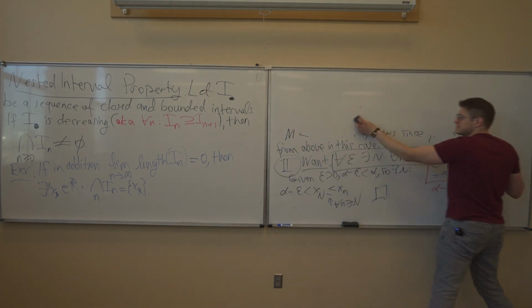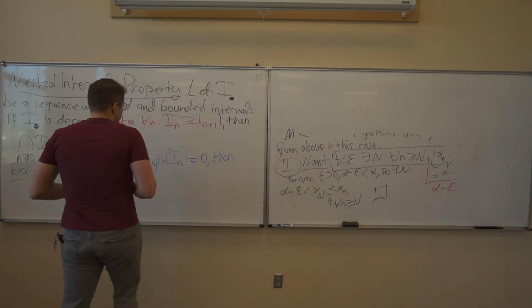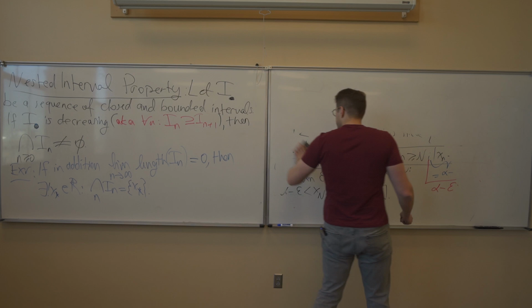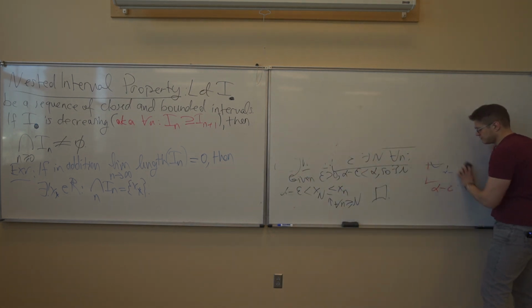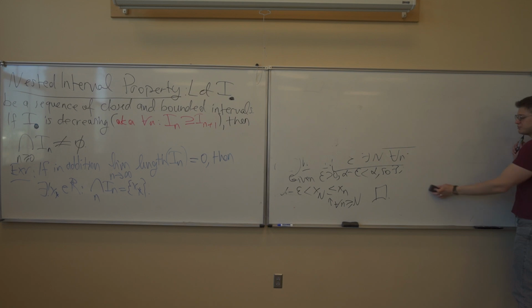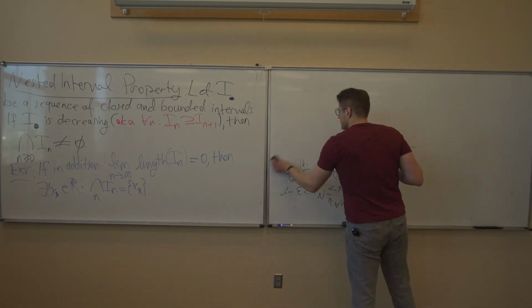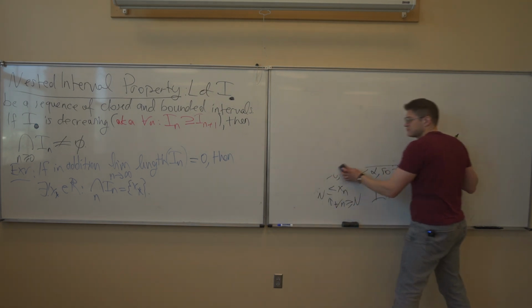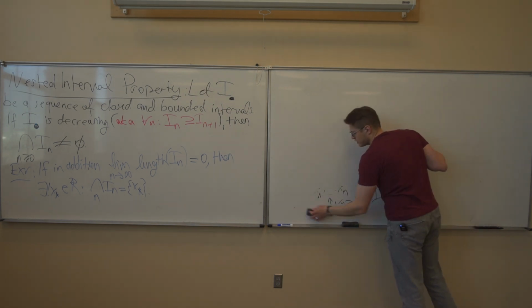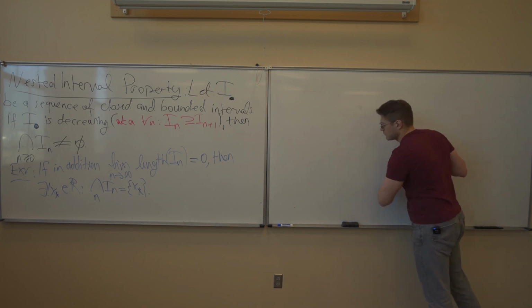Oh, let me also mention this closed and bounded really stands for some other property called compact. Okay, we're not going to spend time on this, but if you take the sequel class, you're going to spend a lot of time on trying to understand what it means for a subset of an arbitrary metric space or Euclidean space to be compact.